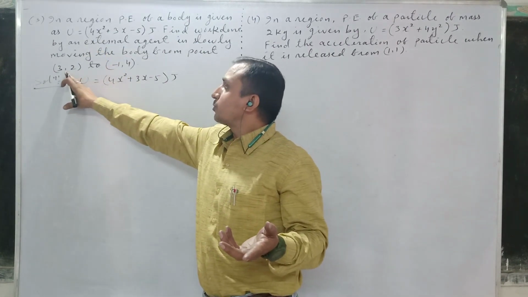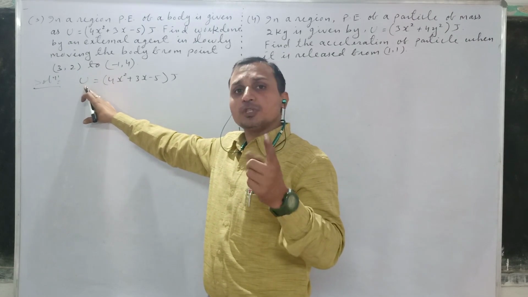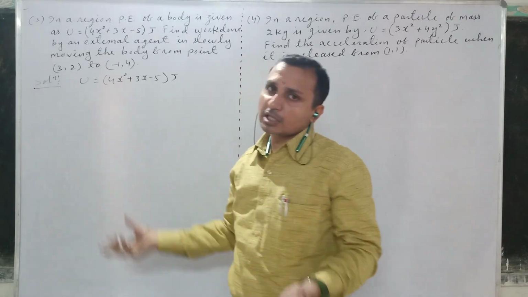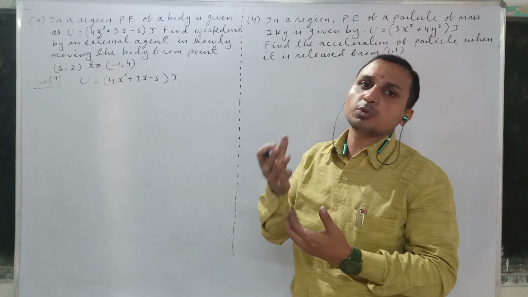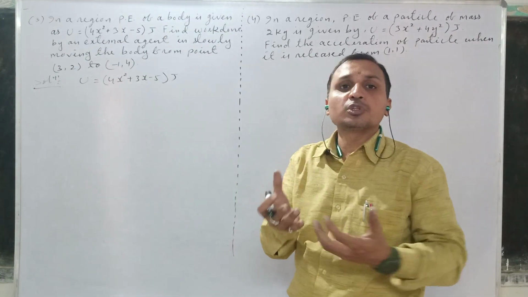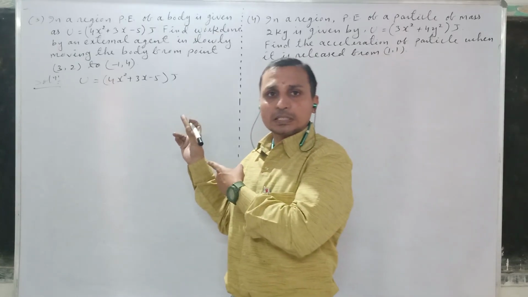So for the first point how much the potential energy will be, and for the second point how much the potential energy will be, directly we can calculate. So the difference of that potential energy will be the work done by the external agent. So that is why we don't require the relationship between the conservative force and the potential energy here.